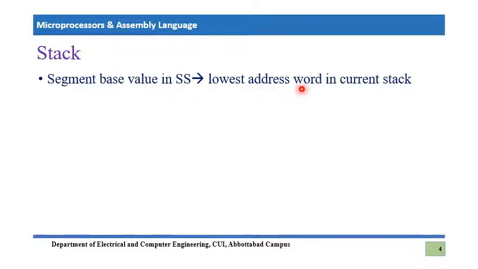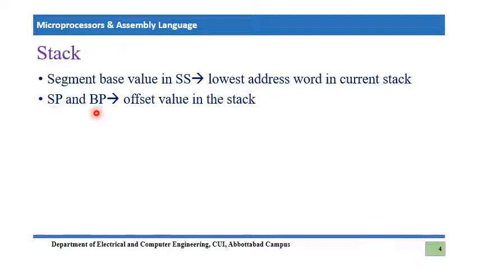Lowest address or starting address is always pointed to in the stack segment register. In case of code segment, it will be in CS. In case of data segment, it will be in DS. So this is something which is valid for every segment. Stack pointer and base pointer. We have so far dealt with the stack pointer.